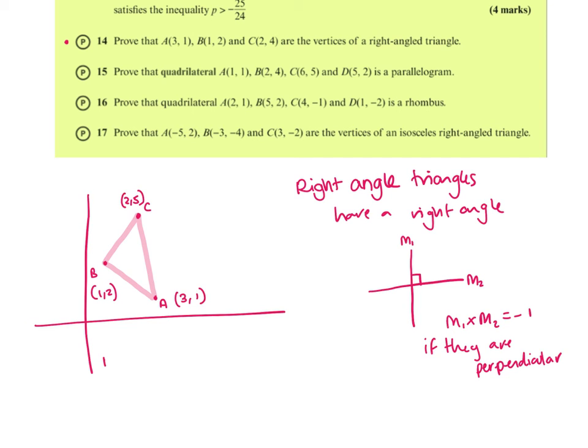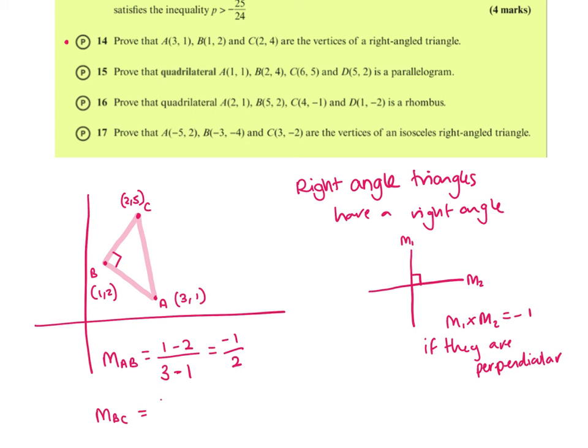So if we did the gradient of AB, we get 1 minus 2 over 3 minus 1. 1 minus 2 is -1 over 2. So the gradient of AB is -1 over 2. Realistically, I think if anywhere, the right angle is going to be here. So now I want to do the gradient of BC, but it might not work like that.